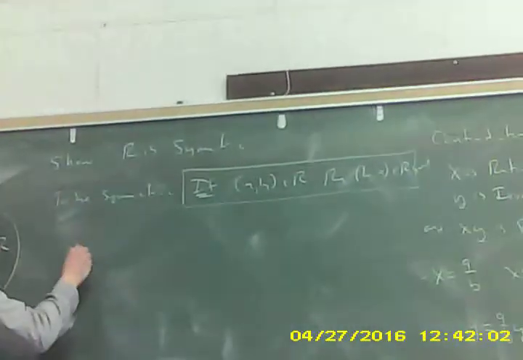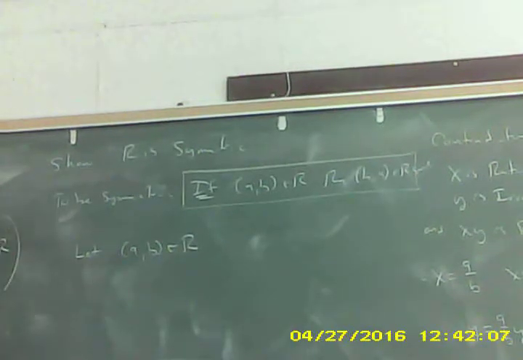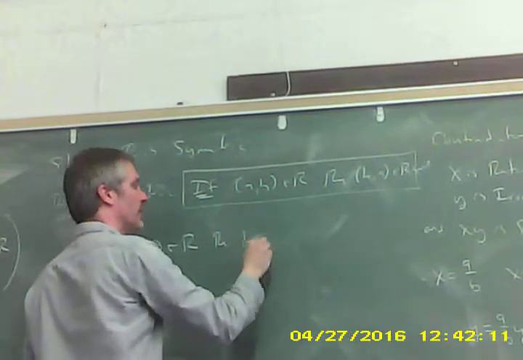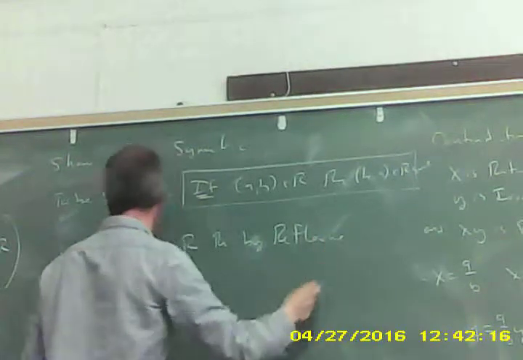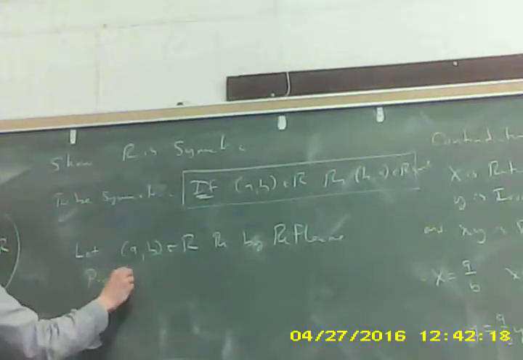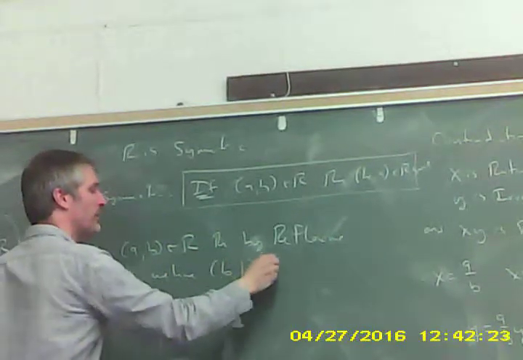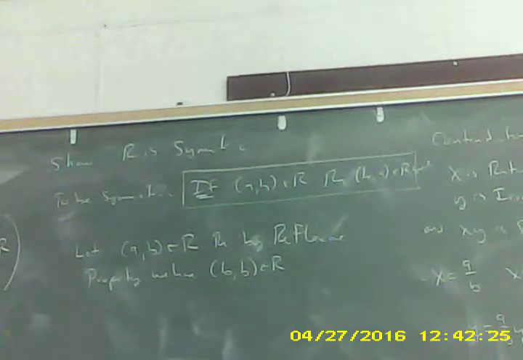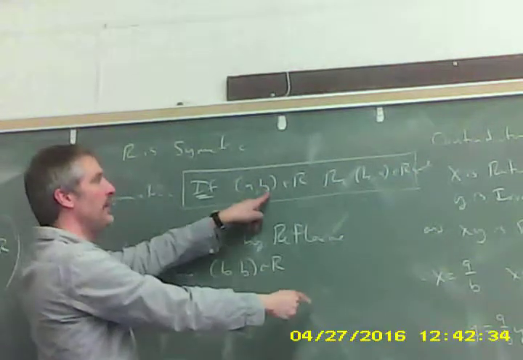So let AB be an element of R. Then, by reflexive property, we have BB be an element of R. We know it's reflexive, so like in the picture I had here, everything's got a loop, right? So now we've got AB and BB.